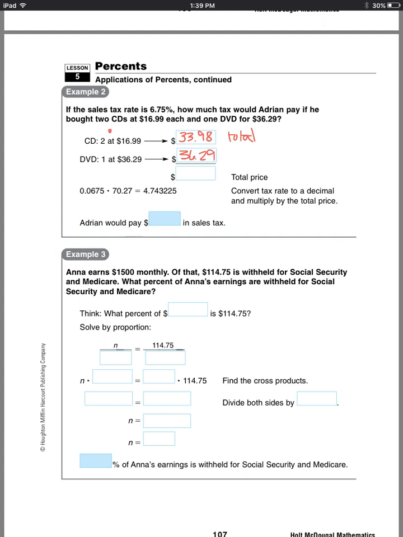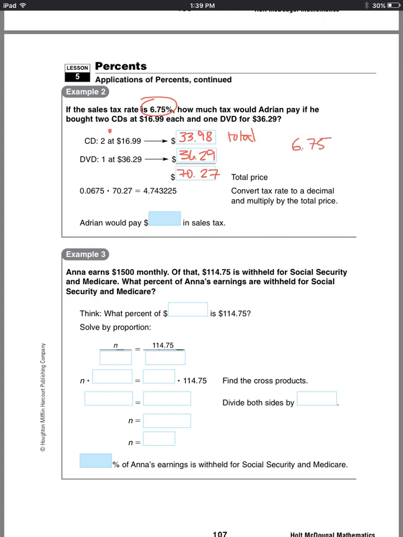So his total before the tax is $70.27. So that's like going to the store and picking out a shirt for $19.99. That's how much you're paying before tax. Now, the tax rate is 6.75%. So we have to convert the tax rate to a decimal because we can't multiply by a percent, but we can multiply by a decimal.